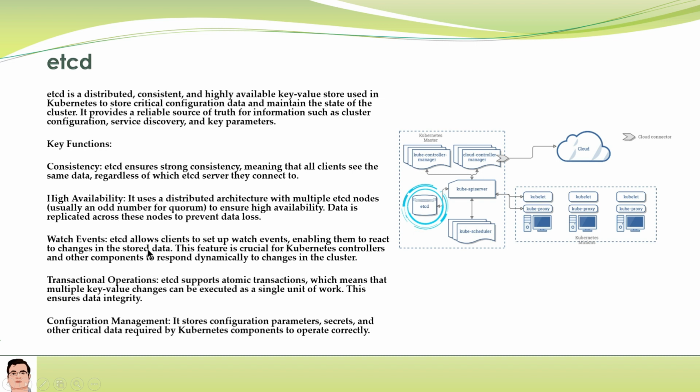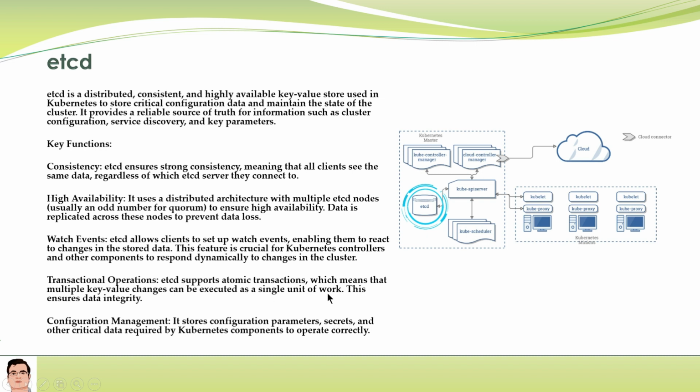You can also use etcd to allow clients to set up watch events, enabling them to react to changes in the stored data. This feature is crucial for the Kubernetes controllers. It also supports atomic transactions, which means that multiple key value changes can be executed as a single unit of work.